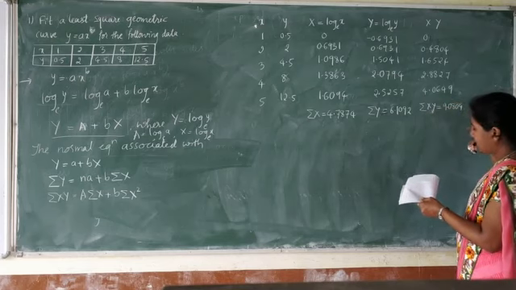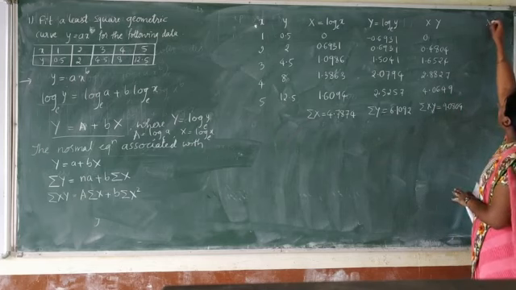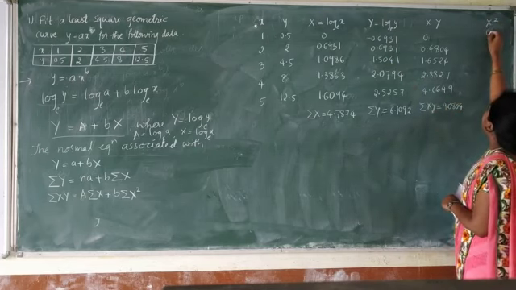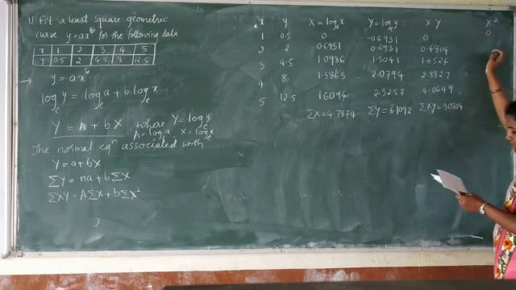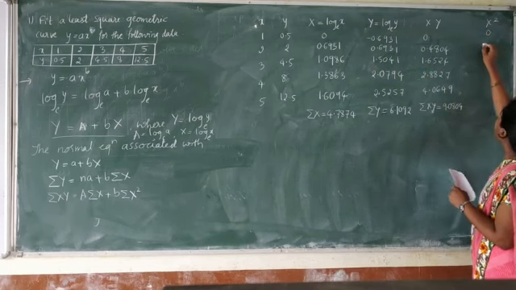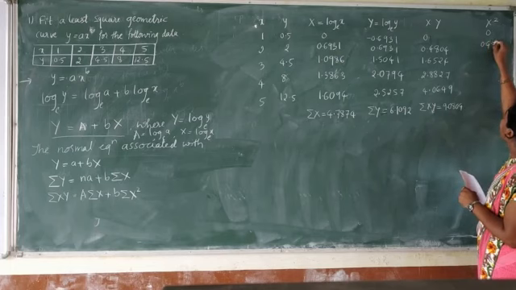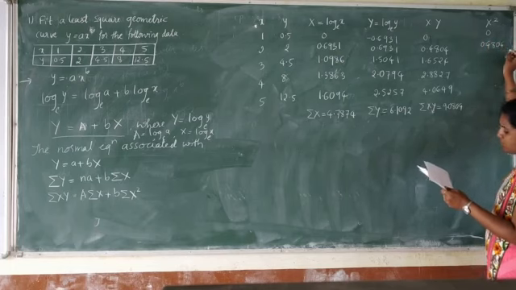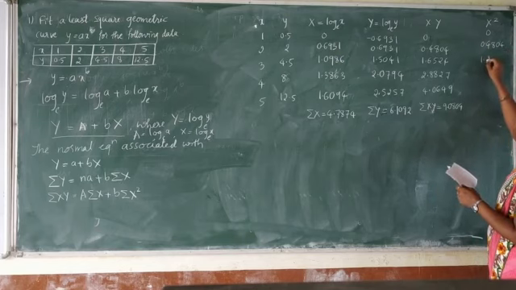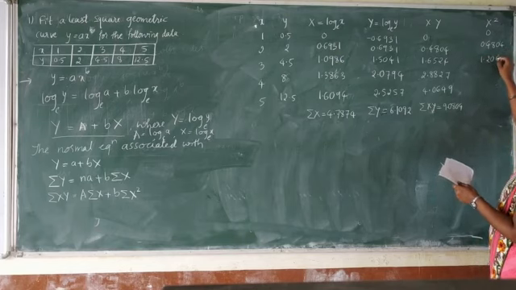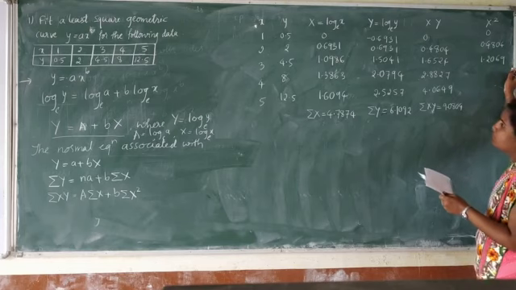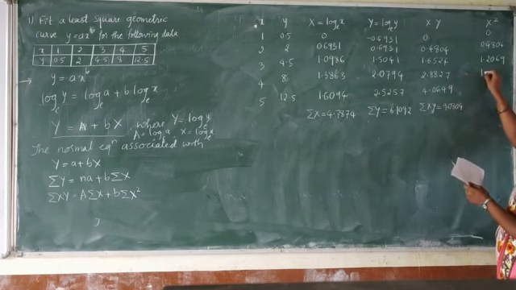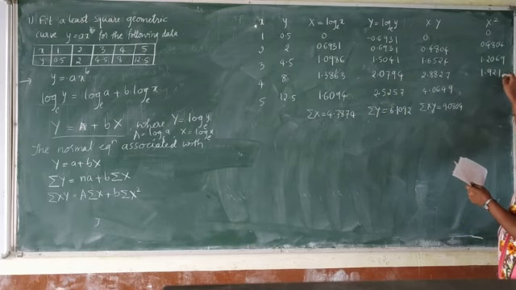Here we are getting 9.0804. Next, we need x square. X square means 0 square is 0. Next, 0.6931 square is 0.4804. Next, 1.0986 square is 1.2069. Next, 1.3863 square is 1.9218.